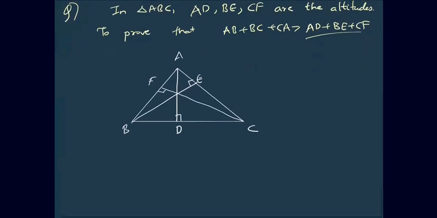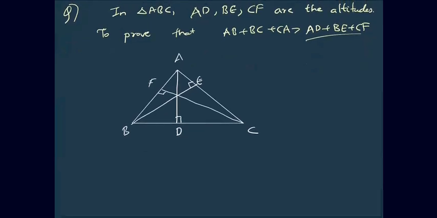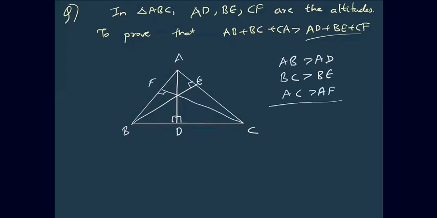Now you can see that AB is greater than AD, because AD is the shortest distance from A to line BC. Similarly, BC will be greater than BE, and AC will be greater than CF. If you add these, you will get the desired result.